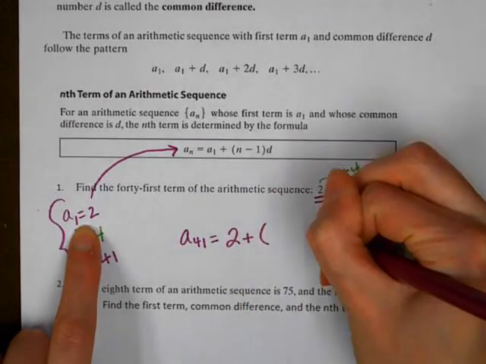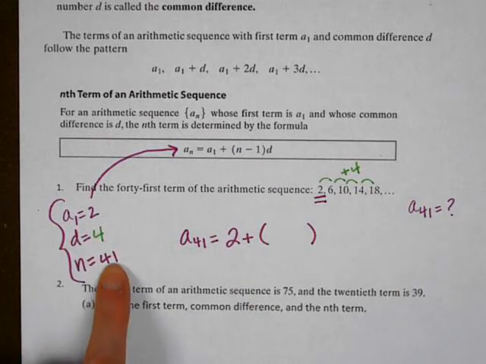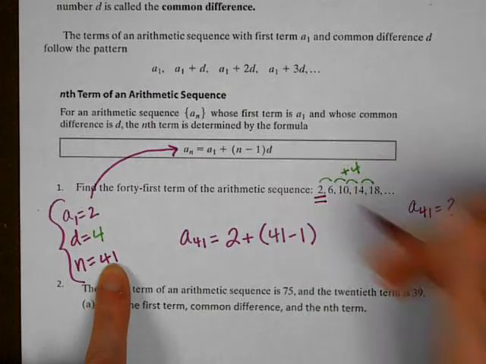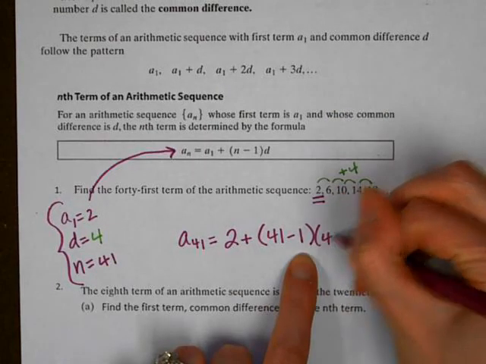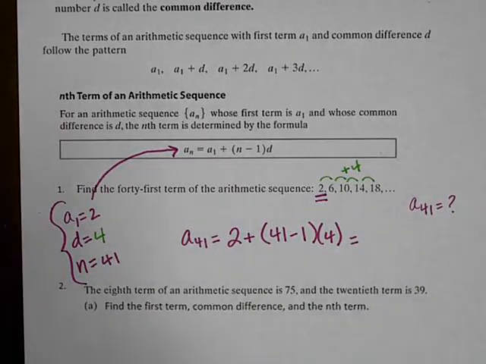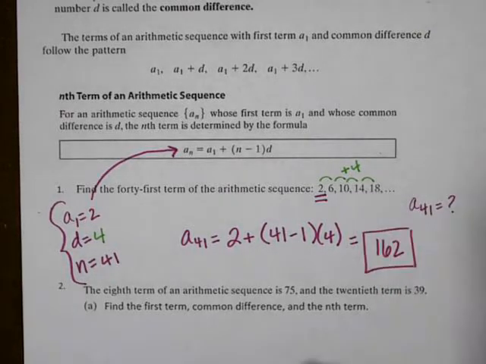And then we're adding the common difference n minus 1 times, so 41 minus 1. And then you're multiplying it times D, which is 4. And then this you can just do in your head or in the calculator. And we should get our answer. I'm getting 162 for the 41st term.